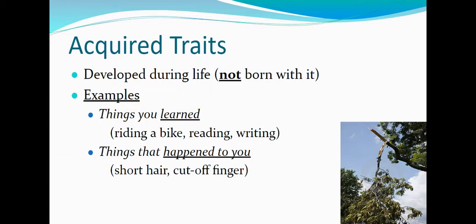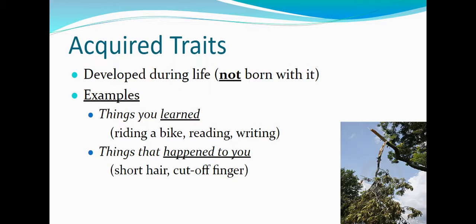Now, I don't like to say that the definition of inherited means that you were born with it, because sometimes our babies can be born with something that they didn't necessarily inherit from a mother or a father. But acquired, one of the ways that you know whether this trait is acquired or not is you can say, was I born with it?